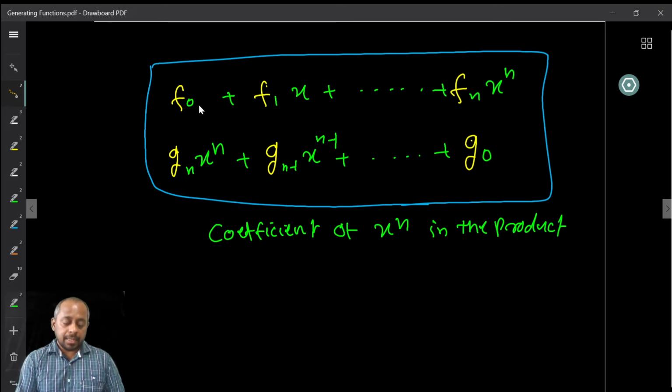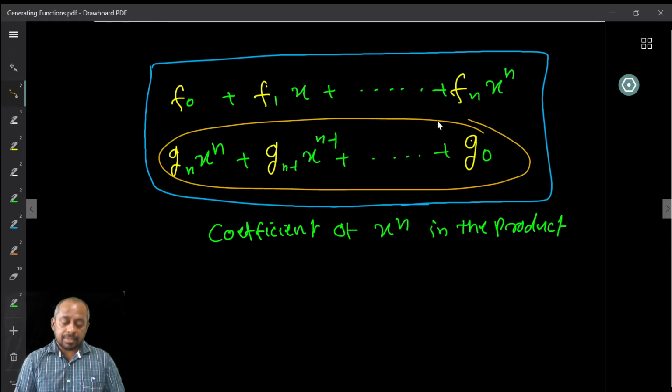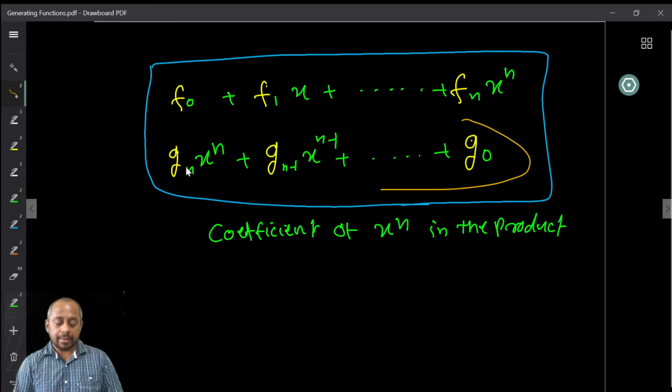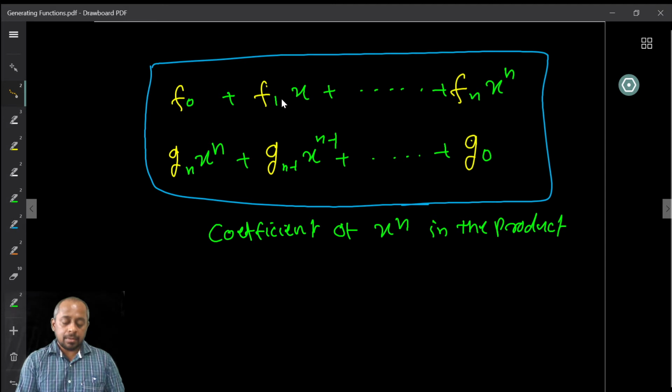For example, if you take f0 from the first, from the second factor you need to take x raised to n. The coefficient of x raised to n is gn, so you will get f0 and gn. Similarly, you have to take f1 and g(n minus 1).